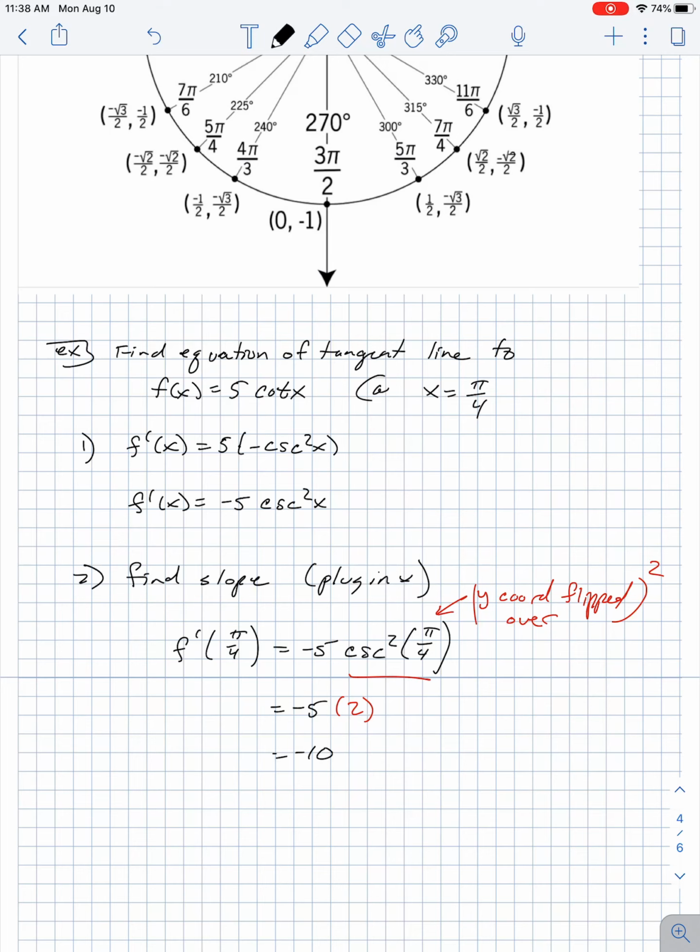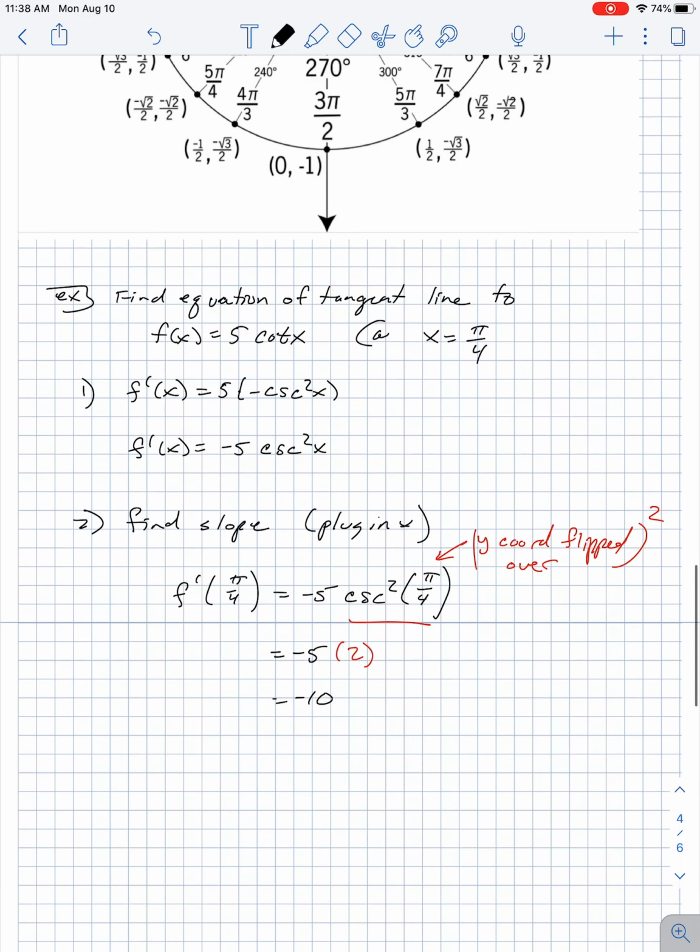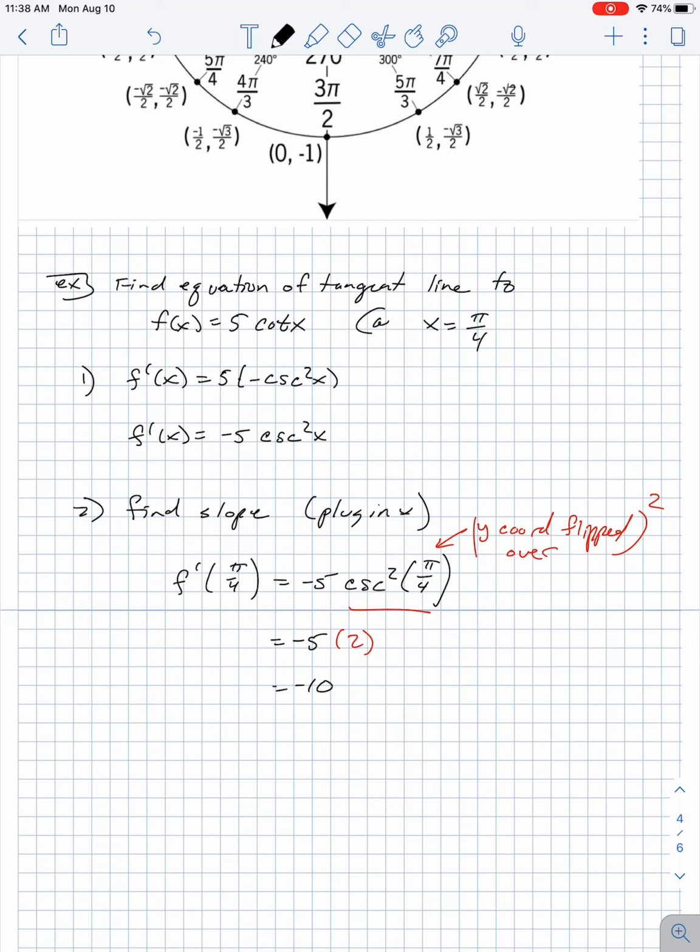And then the last step is to plug that in with a point. So we're going to plug it into this formula or this formula. I do not care. Either one's great. I'm going to use this one just because it's maybe a little faster. So I need a coordinate and a slope.